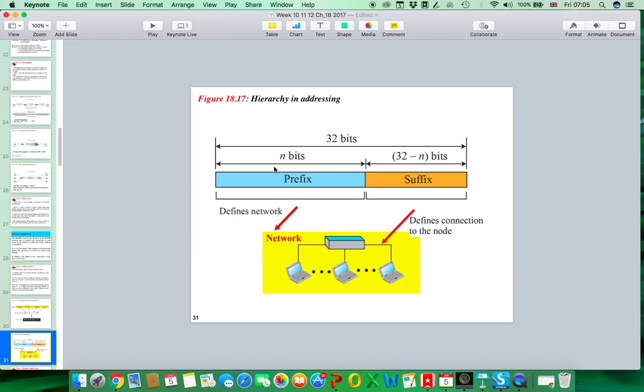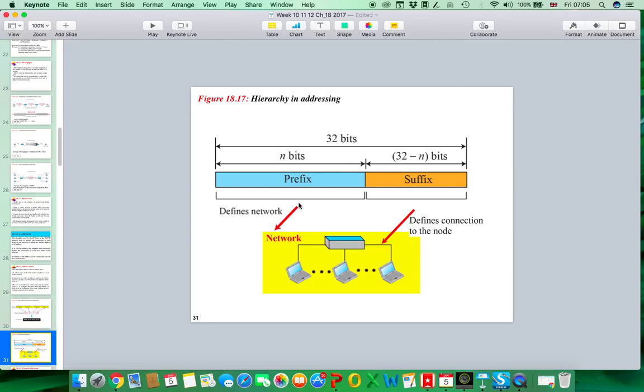Within this IP address, we have some bits that represent the network and some bits that represent the host. The part that represents the network is called the prefix, and the part that represents the host is called the suffix.